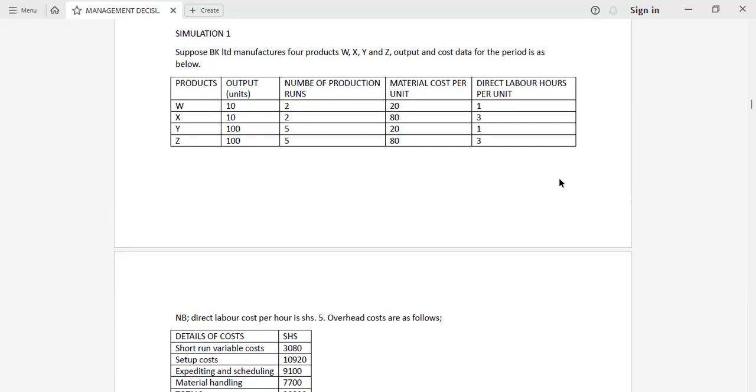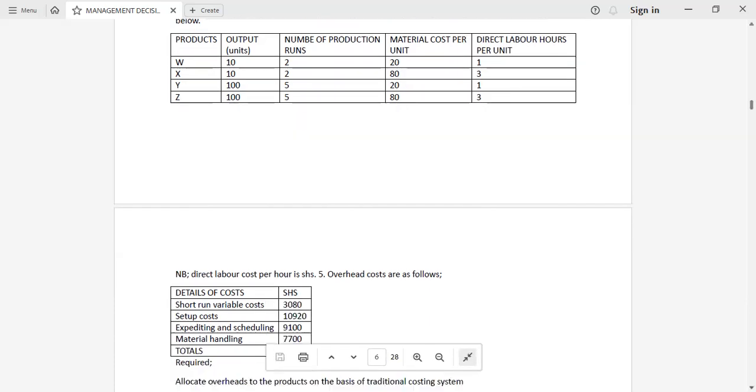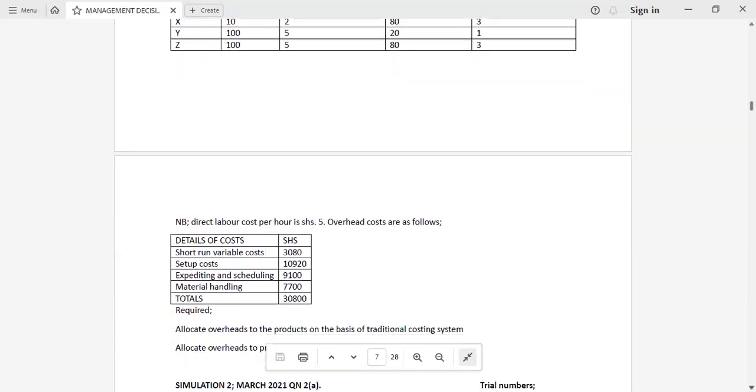We have a table with products W, X, Y, and Z. We have the output in units, the number of production runs, the material cost per unit, and the direct labor hours per unit. And down here, we have a note that the direct labor cost per hour is shillings 5.